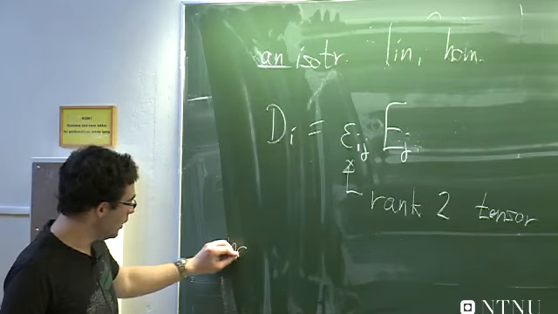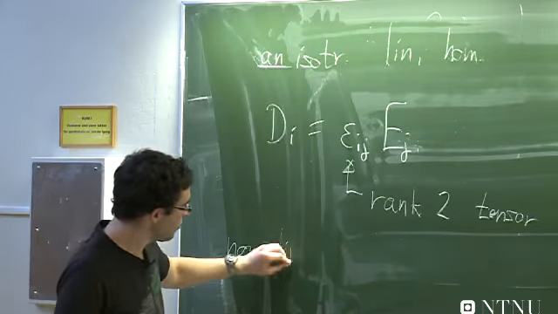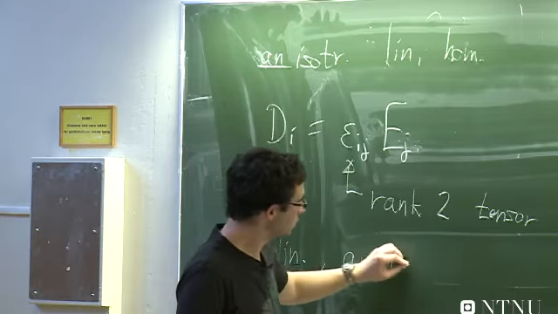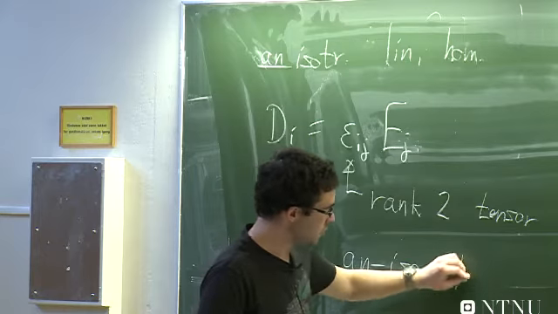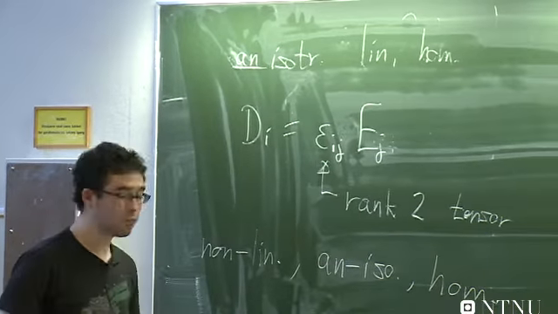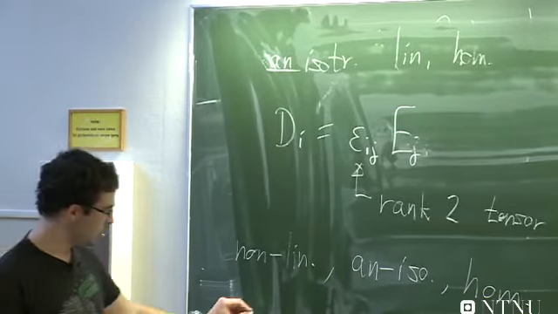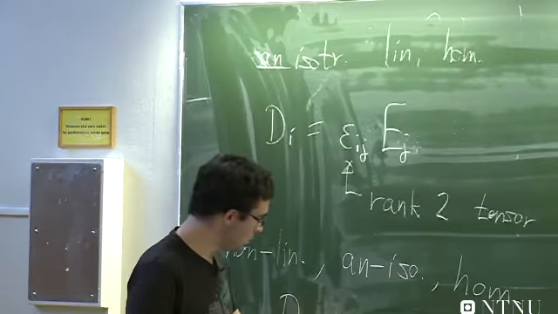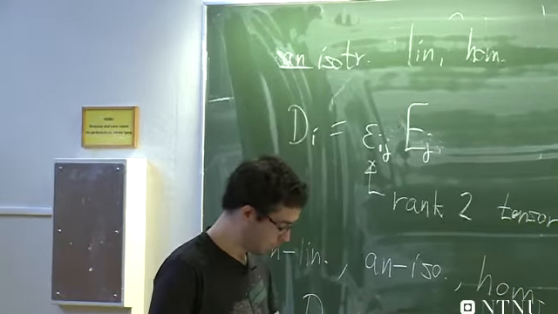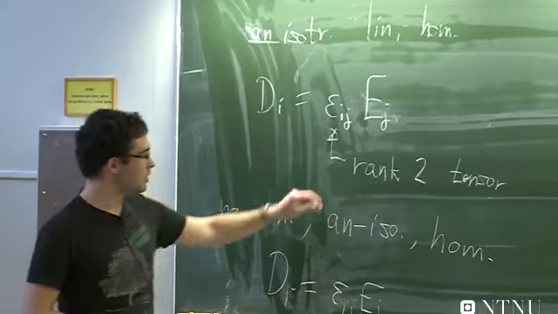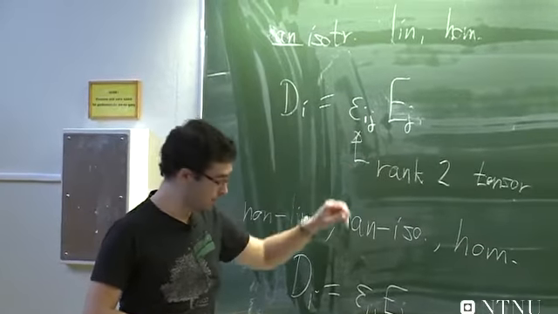Also, if you have a nonlinear, anisotropic but homogeneous material, then you can write the displacement field as a sum of terms. D_i is equal to epsilon_ij E_j. So that's this linear term.